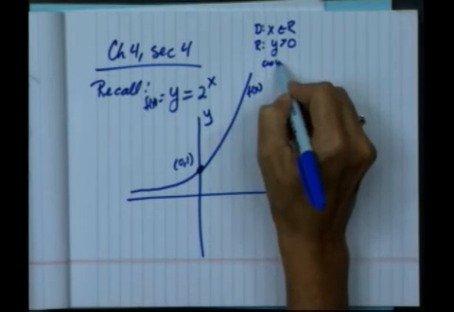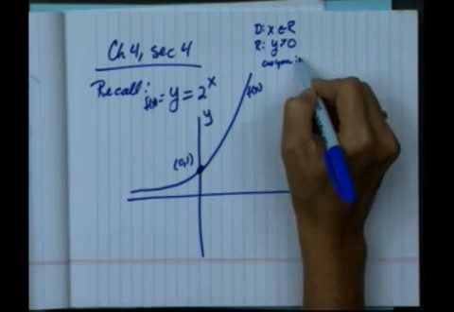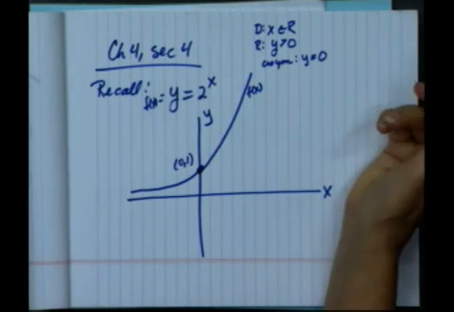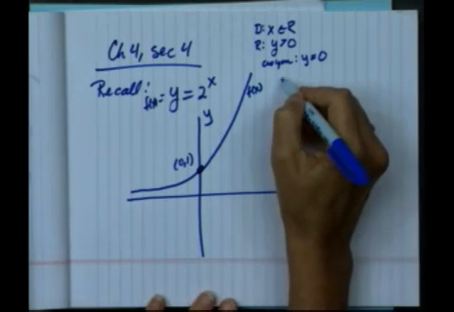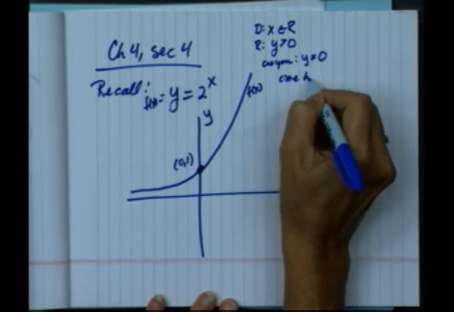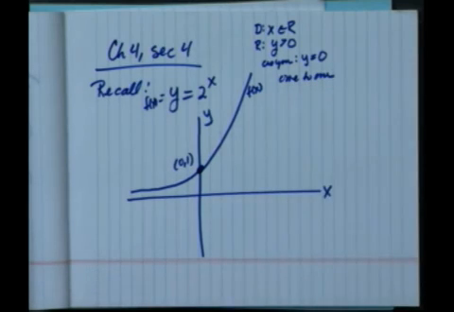My asymptote is? Y equals 0. Okay? Now, this function is one to one. Why is that? How can you look at it and tell it's one to one? Horizontal line. Okay, it passes the horizontal line test.